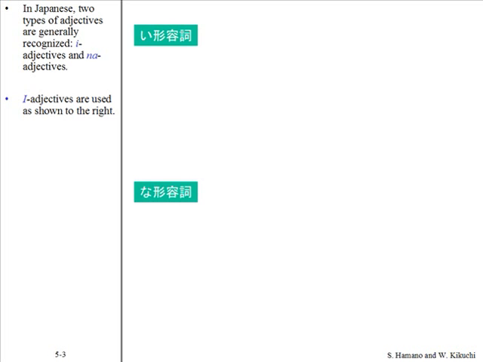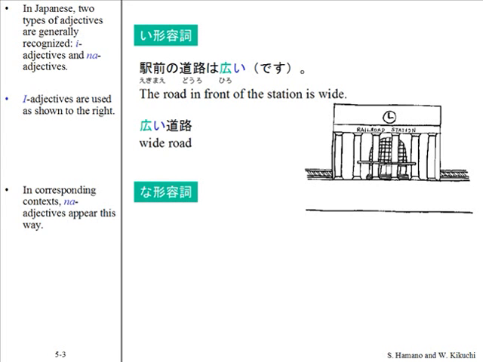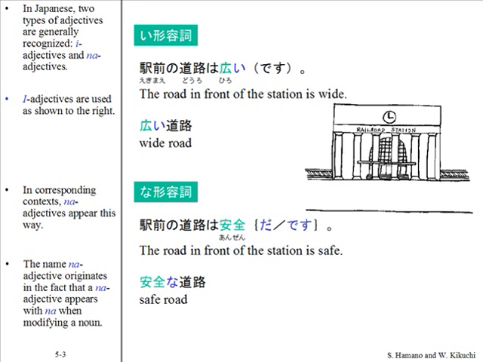I-adjectives are used as shown to the right. 駅前の道路は広いです。広い道路。In corresponding contexts, na-adjectives appear this way. 駅前の道路は安全です。安全な道路。The name na-adjective originates in the fact that a na-adjective appears with na when modifying a noun.